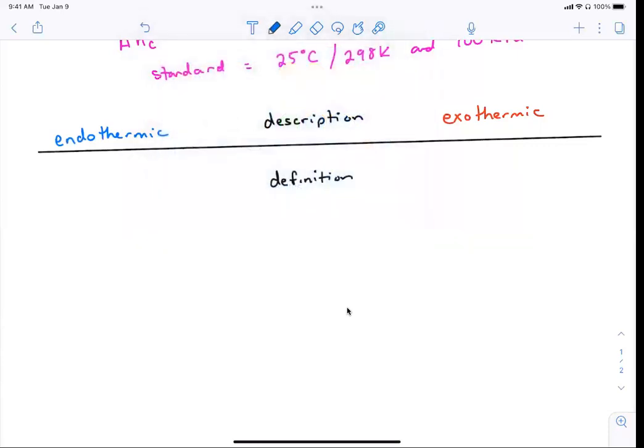Endothermic is a reaction where heat is absorbed from the surroundings. What we have to remember here is the system versus the surroundings. The system is the chemical reaction itself. Everything that's not involved in the chemical reaction is the surroundings.